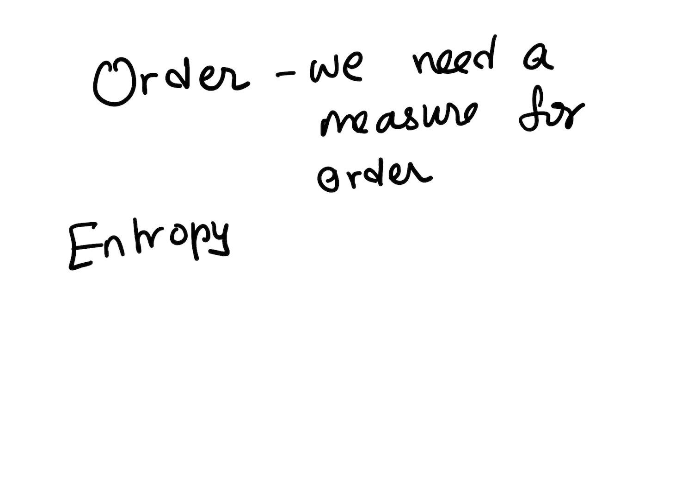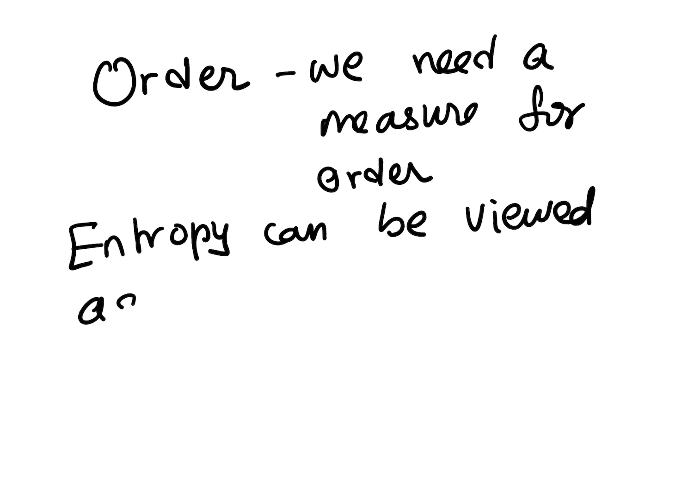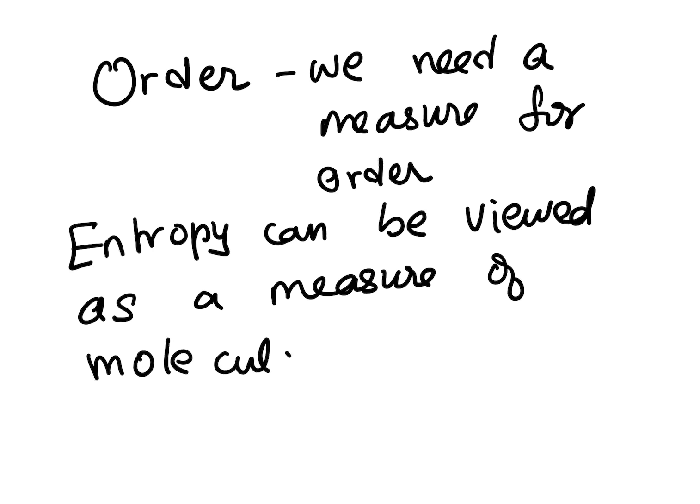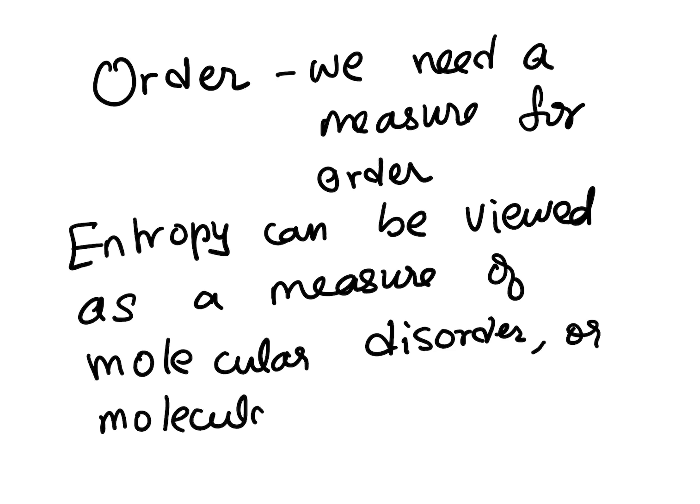We define entropy, which is a quantity that can be viewed as a measure of molecular disorder or molecular randomness. We define entropy as a quantity that is a measure of the molecular disorder or randomness.